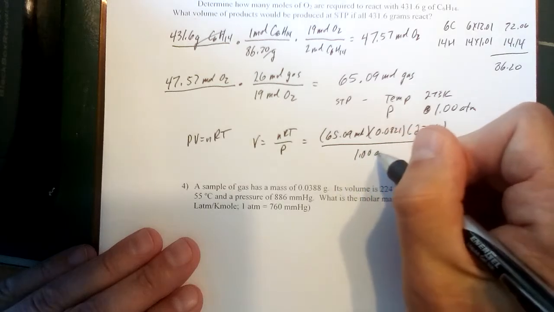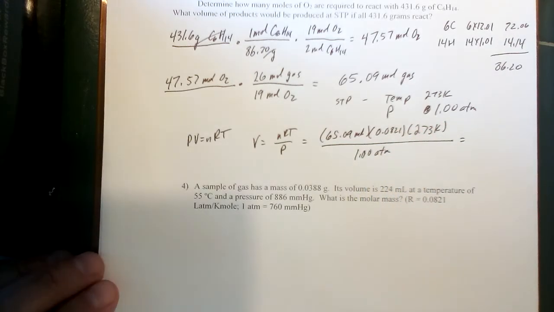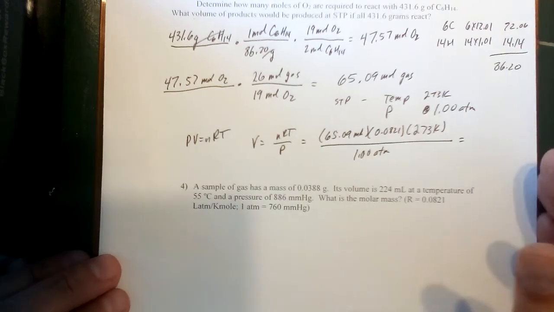And then divide by 1 atmosphere. So I'm putting it in there for units, but dividing by 1 isn't going to change anything. So take my previous answer times 0.0821 times 273, right? And that would give me the volume.